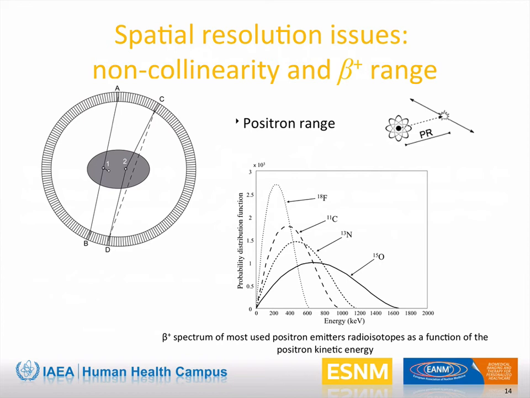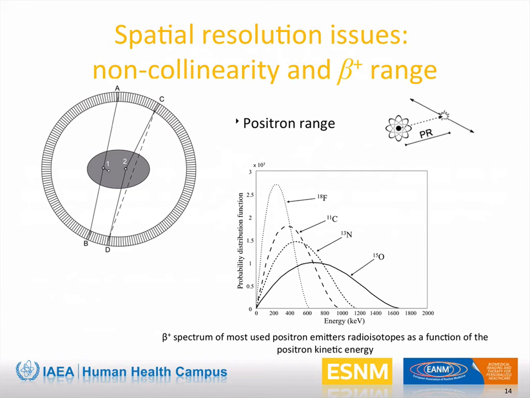As we have already seen, positrons are emitted with a kinetic energy spectrum, and they lose their energy mostly through multiple Coulomb interactions in the biological tissue. For example, this plot shows the positron energy spectra of the most widely used PET radioisotopes. This process can be described by the so-called continuous slowing down approximation. A competing process is Bremsstrahlung, but it is more important at high energy.